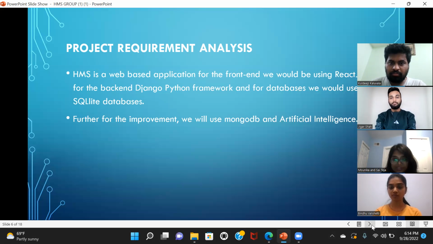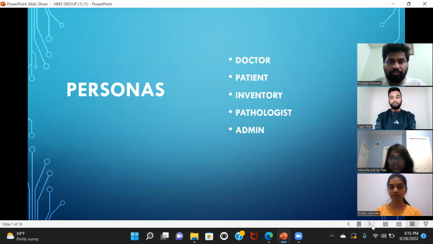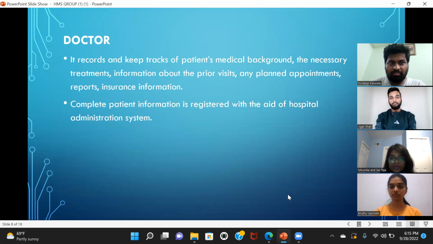The next slide is about the personas. We have doctor, patient, inventory, pathology, and admin modules in our personas. Coming to the admin. Next slide, please.